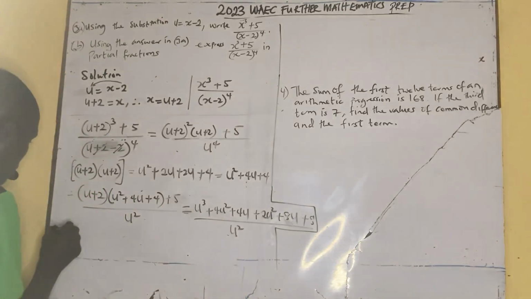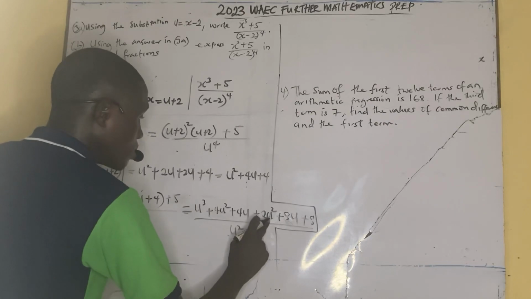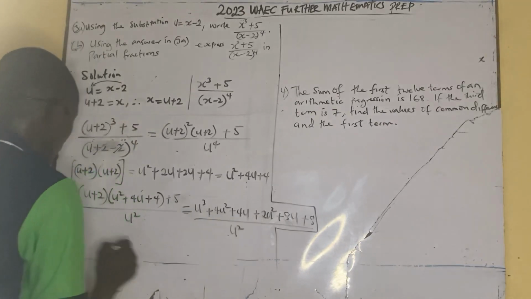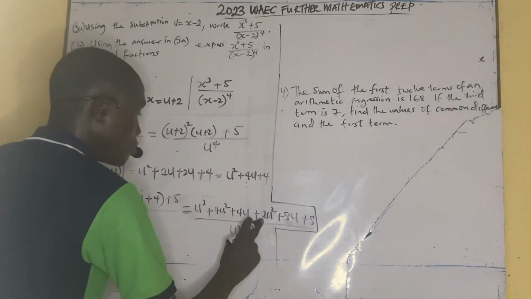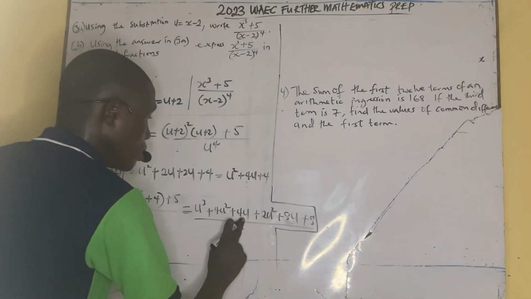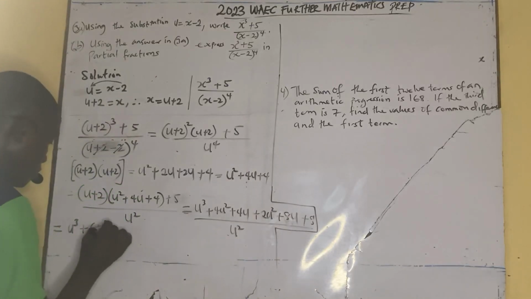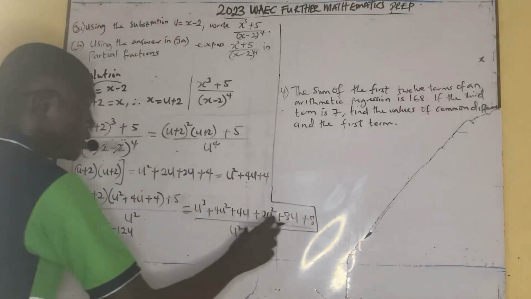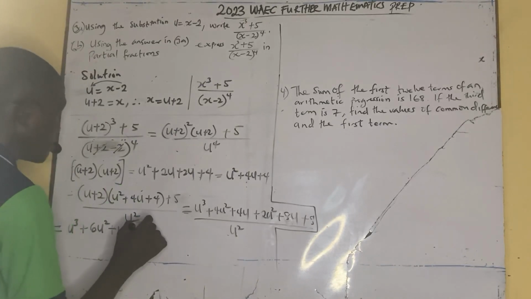This will give you u cubed, 4u squared plus 2u squared will give you 6u squared. Then 4u plus 8u will give you 12u. Then we have plus 8.